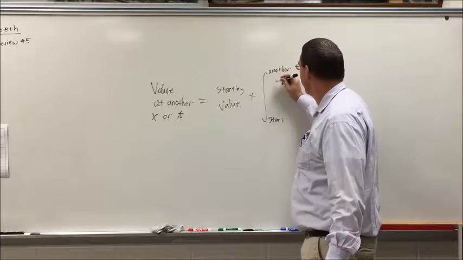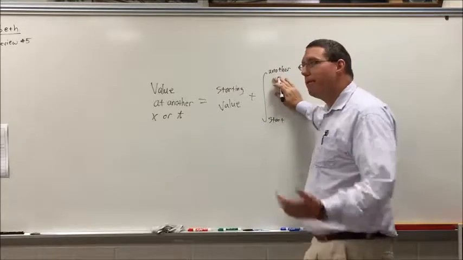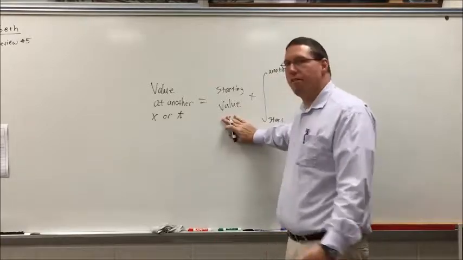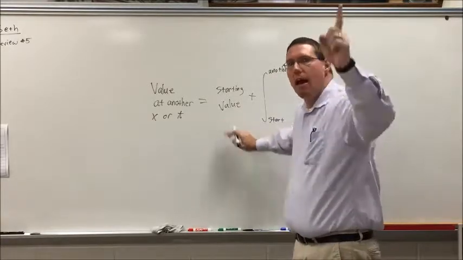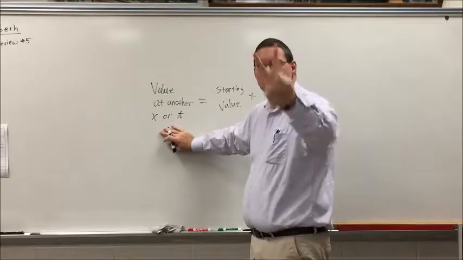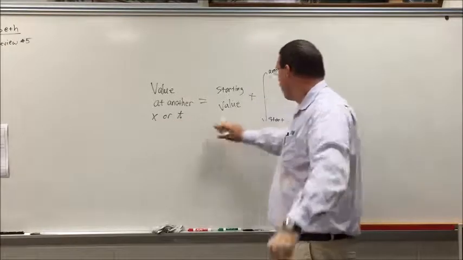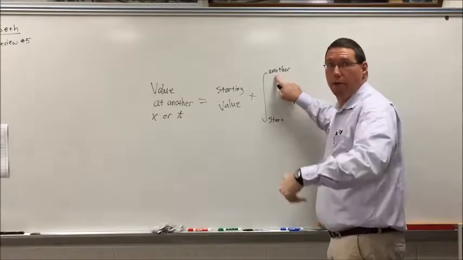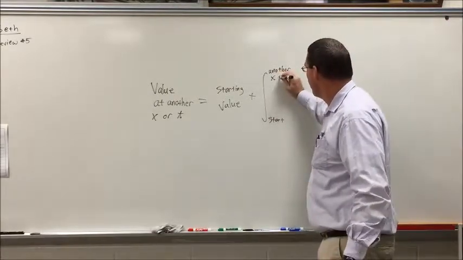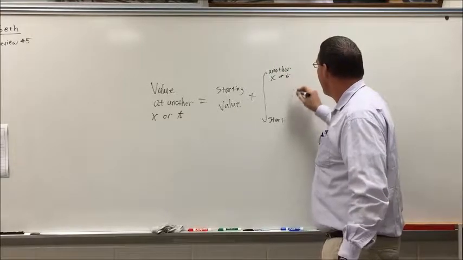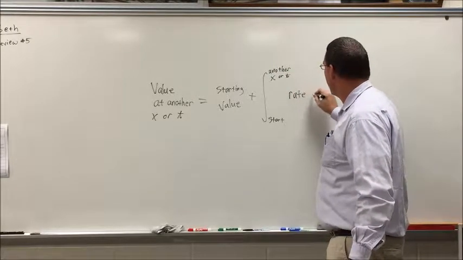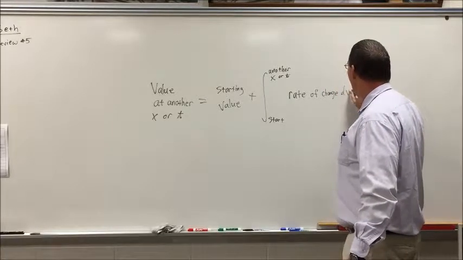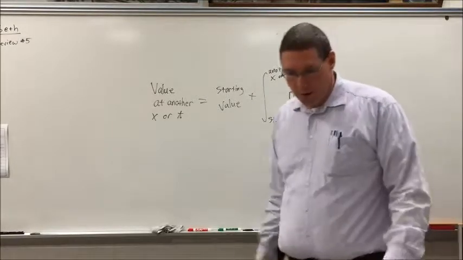Sometimes it's an earlier time. Sometimes you're given the value at time 5, and they're asking for the value at time 2. So you go from 5, the starting time, backwards to 2, and then you integrate the rate of change that they gave you in the problem, dx or dt.